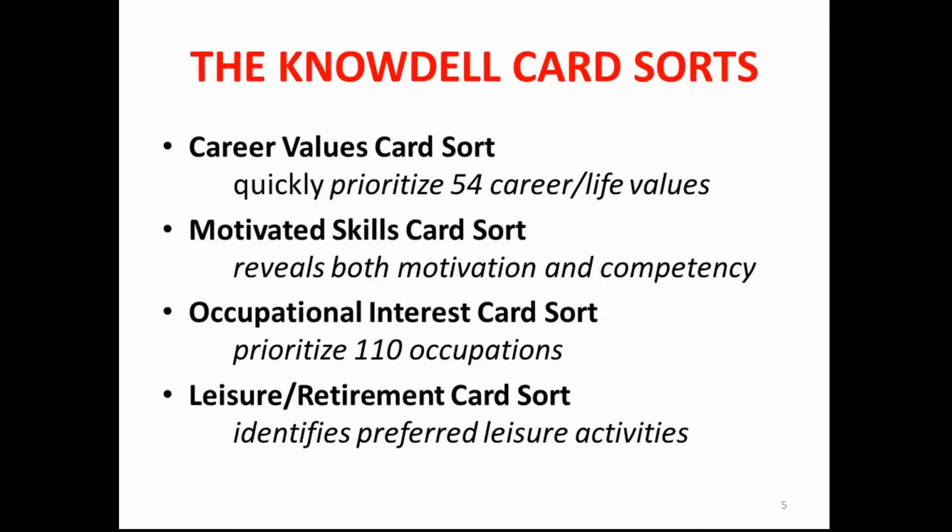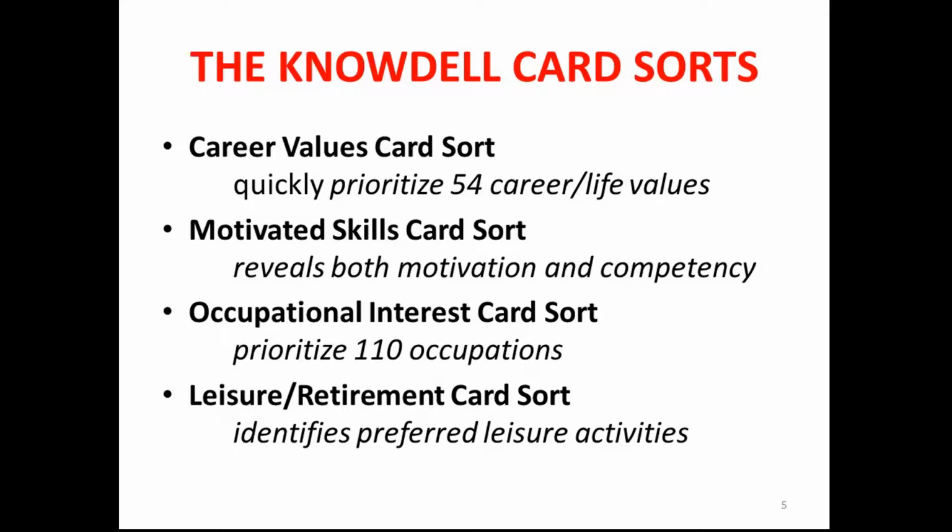So the four card sorts that I want to talk about are, first of all, the career values card sort. That's a deck of cards that has 54 career life values in it. The second one is the motivated skills card sort, a little more complicated instrument, and it reveals both motivation and competency.